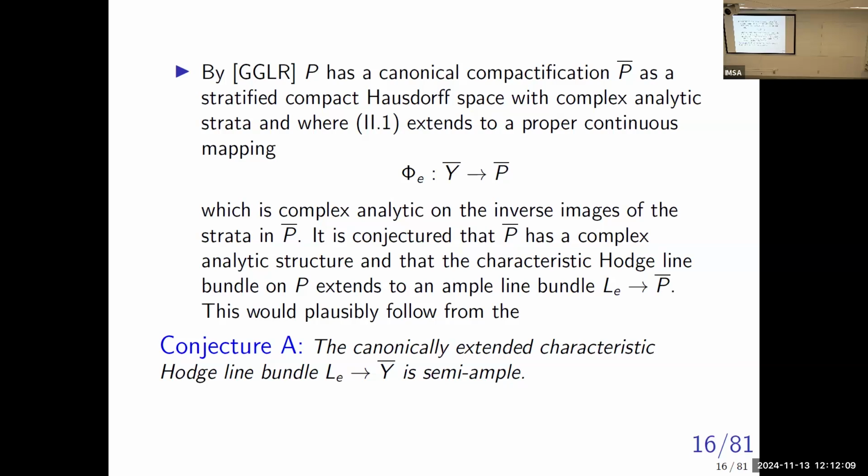If you take this line bundle that was on the previous slide, just the tensor product of the determinants of the Hodge filtration bundles, that line bundle extends to a big line bundle on the closure here, and the conjecture is that it's semi-ample.